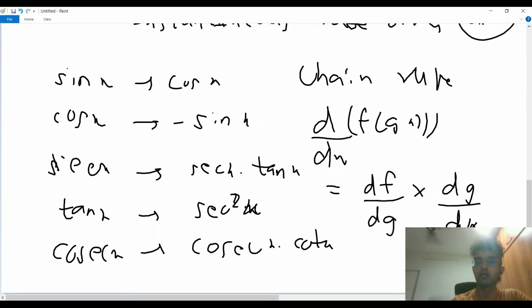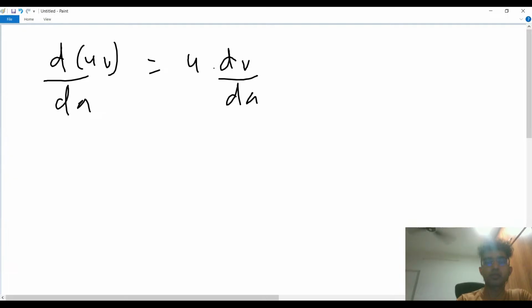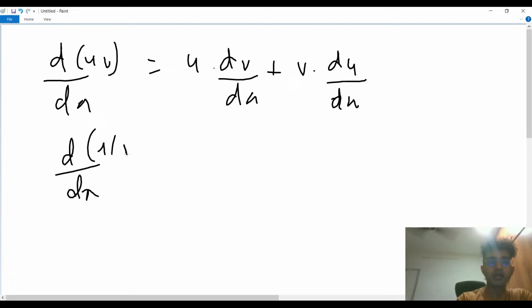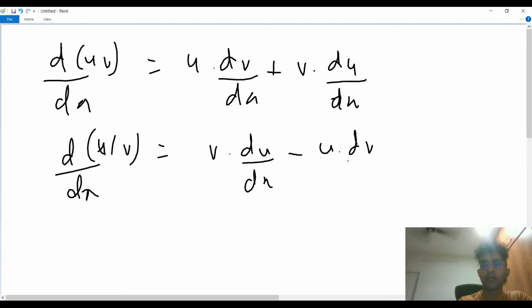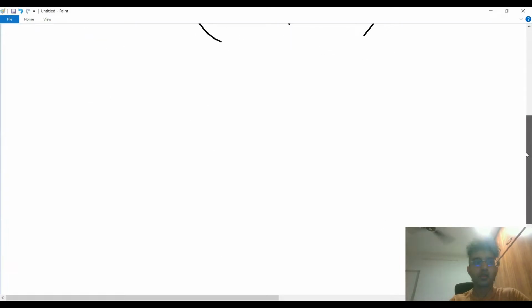And the product rule is d by dx of uv equals u into dv by dx plus v into du by dx. And d by dx of u by v equals v into du by dx minus u into dv by dx, divided by v square. So using all of this knowledge, let's solve some problems now.